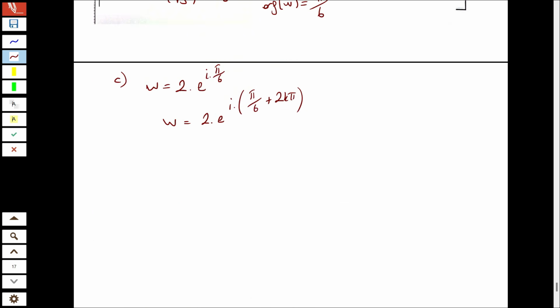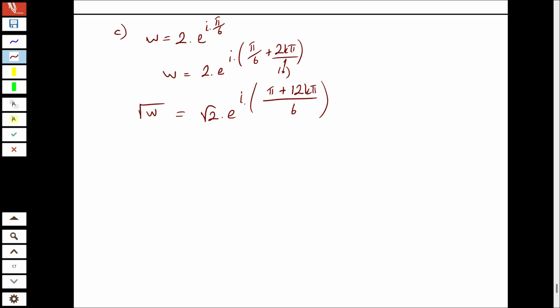In this case I will write square root of w, and it will be square root of 2 times e to the power of i times, and we will divide the angle by 2, okay? So we can write, when you write the common multiple, pi plus 12k pi divided by 6, right?